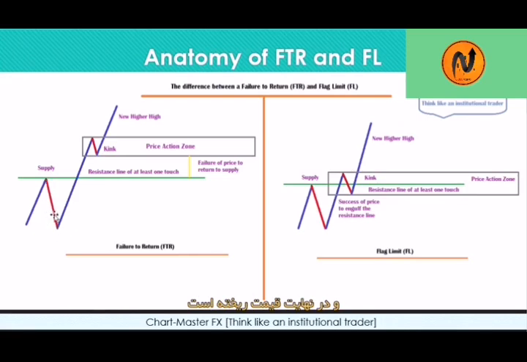Once the price dropped down, the price rallied up. As the price rallied up, it failed to come back to engulf this resistance line. This is what we call failure of price to return to supply. That's why we call it failure to return, FTR.